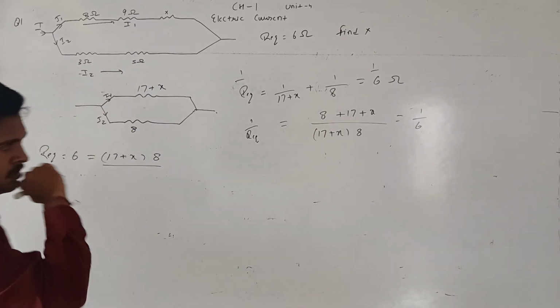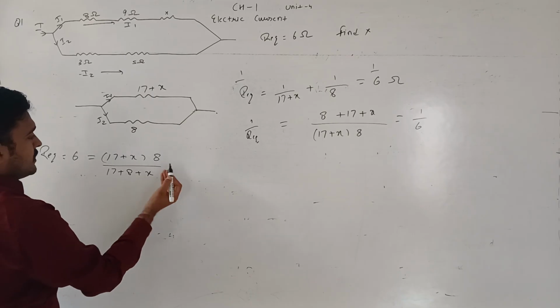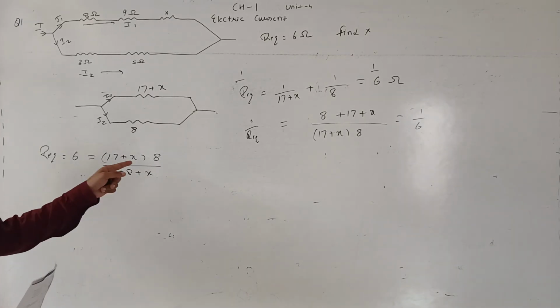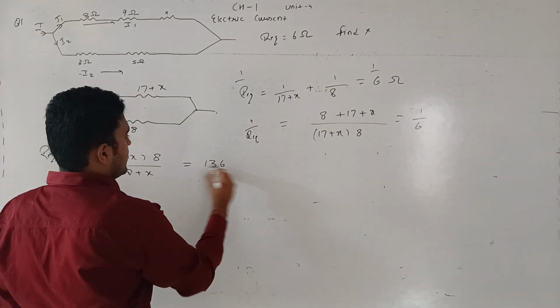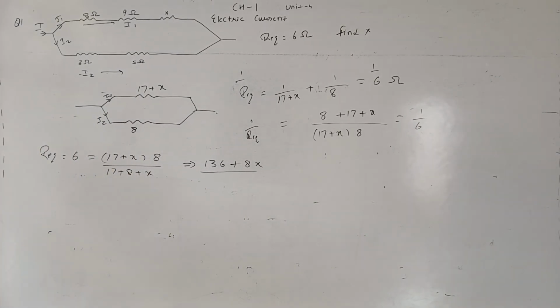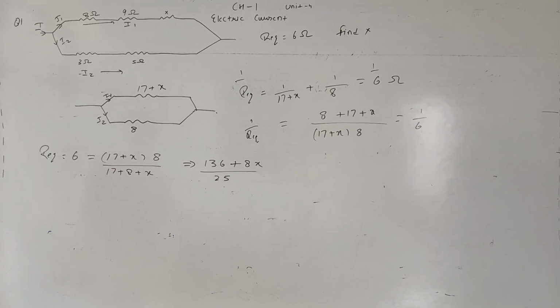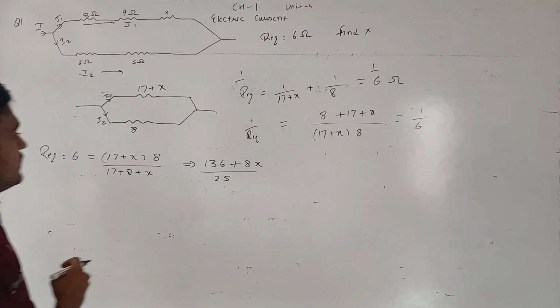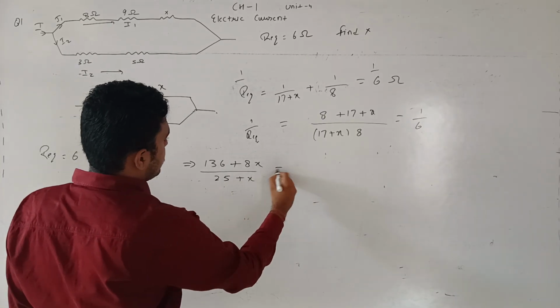So we'll solve this for the value of X. We have 17 into 8, which is 136, plus 8X, divided by 17 plus 8, which is 25, plus X, and this is equal to 6.